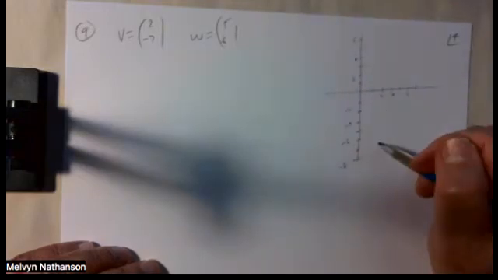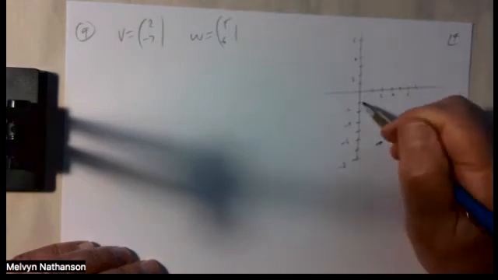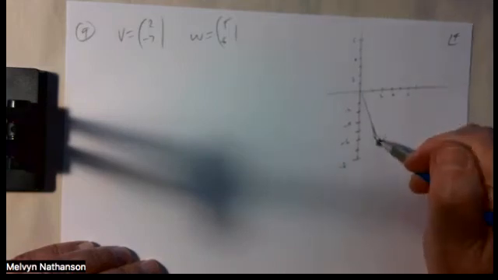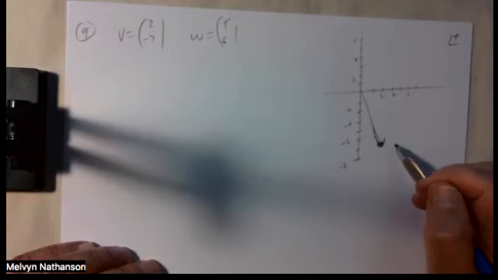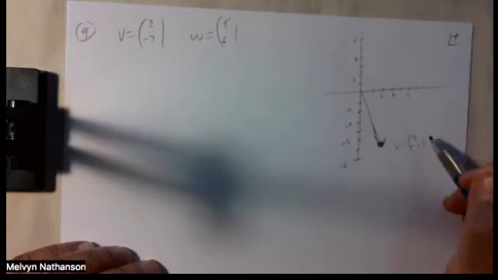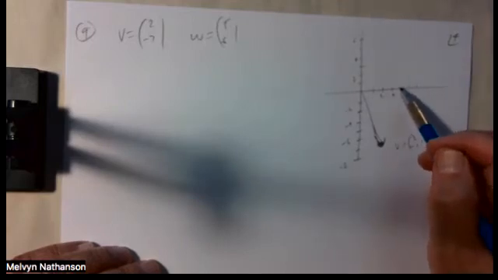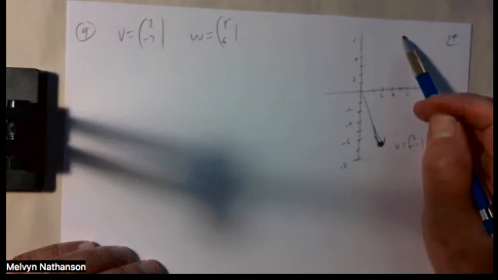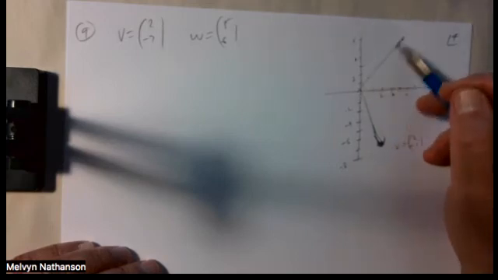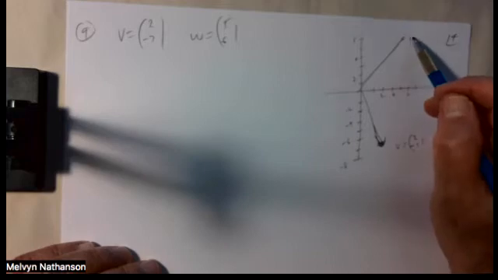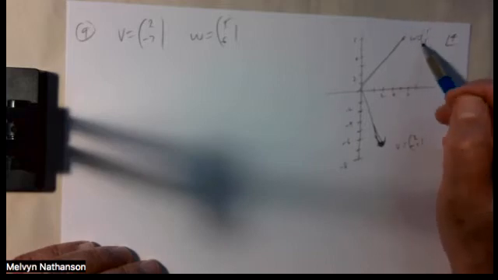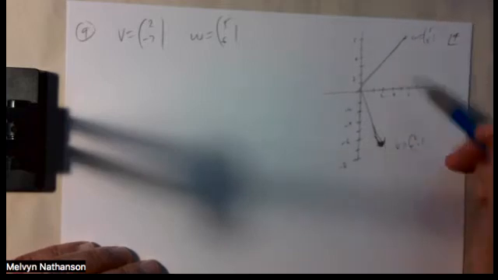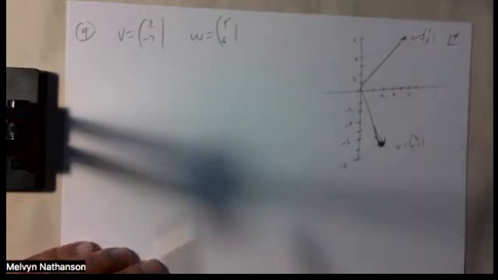The 2, minus 7 would be around there. This would be the point for 2, minus 7. And 5, 6 would be somewhere up here. So this is the vector V, and this is the vector W.